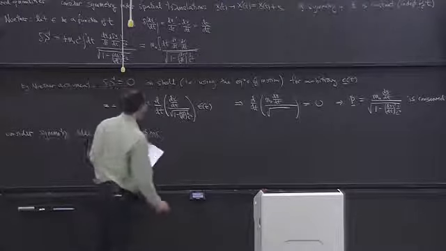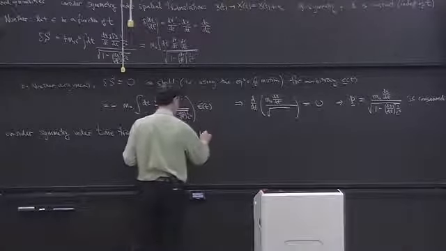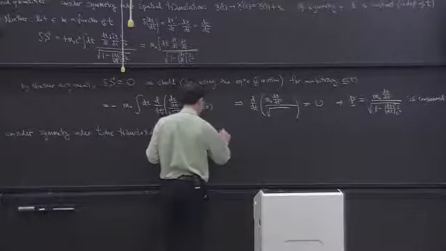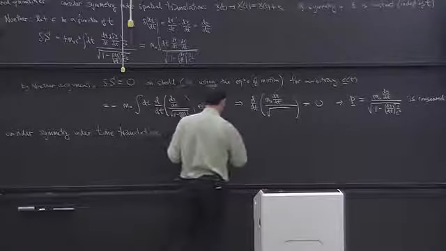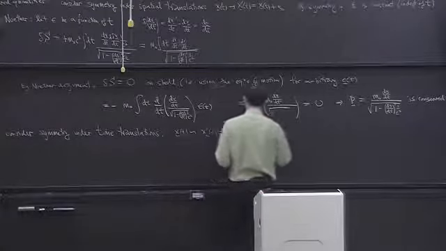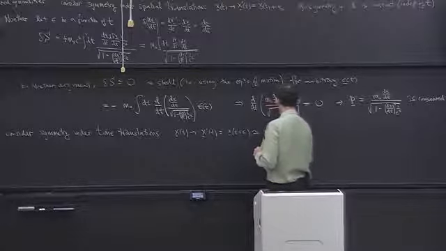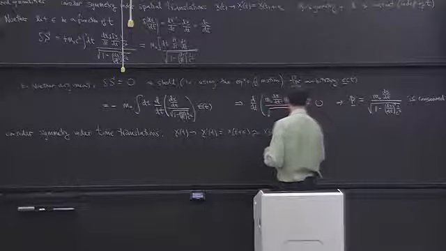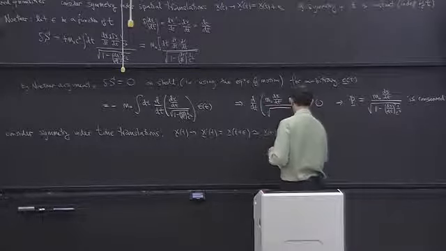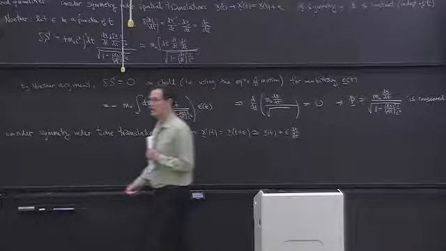And so what that means is that x of t goes to x prime of t, which is x of t plus epsilon, which to first order in epsilon is x of t plus epsilon dx/dt.